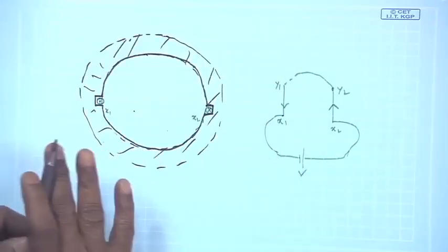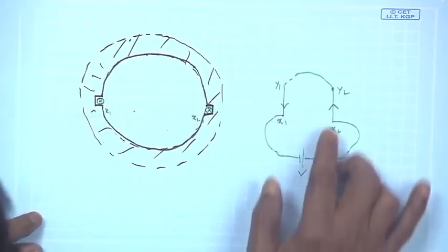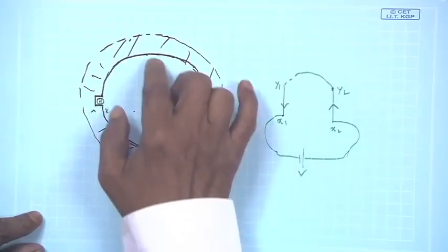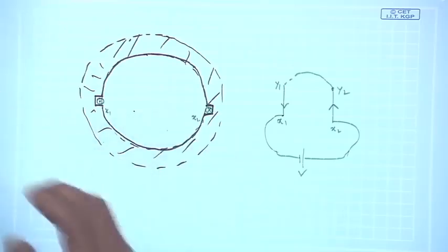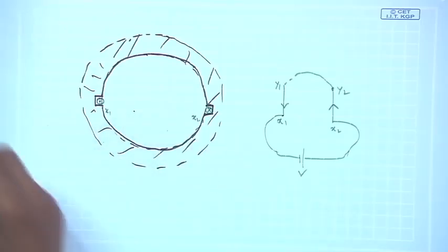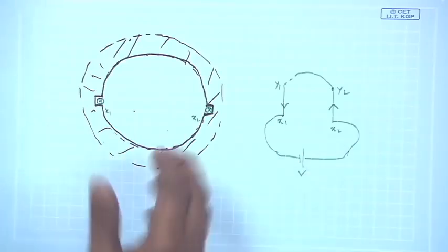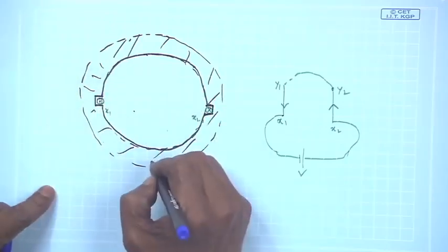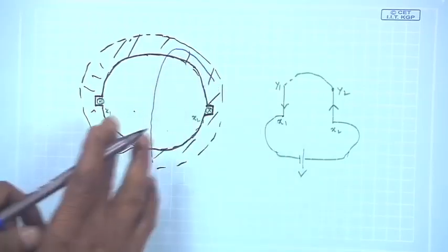You must have a clear idea of this. Current is flowing like this, so it will go. I have not drawn the rotor yet, just trying to understand how things go. Once it is done, the stator is carrying a current and it will produce a magnetic field, as you can see like this here.